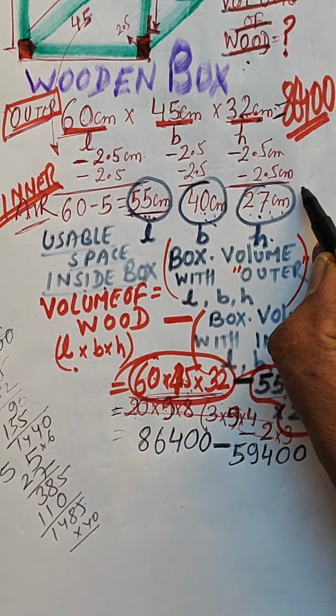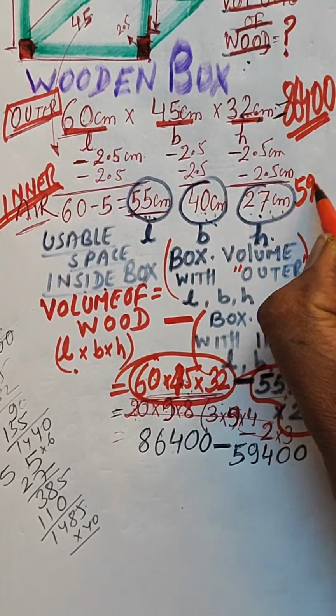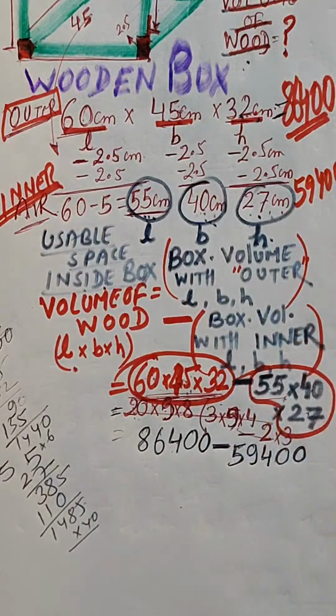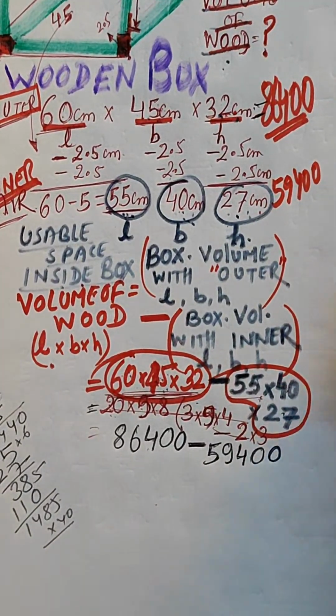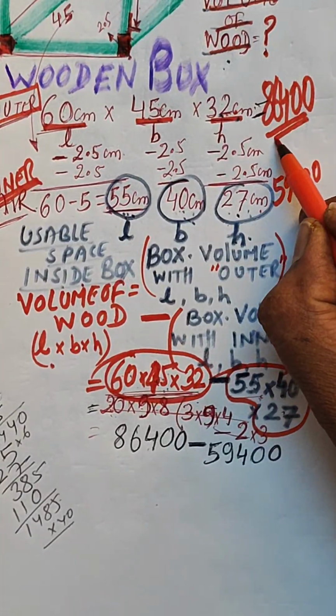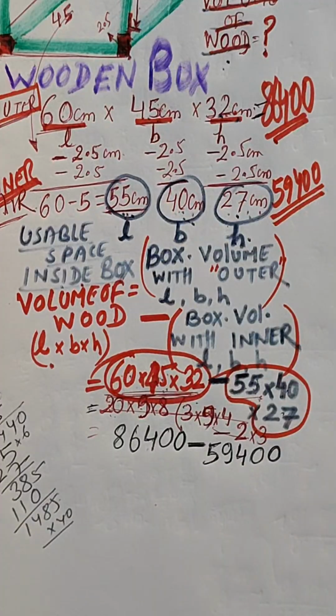So I am writing it over here as 59400. You can see these are the volumes of the box with the outer dimension, and this is the volume of the box with the inner dimension, right?